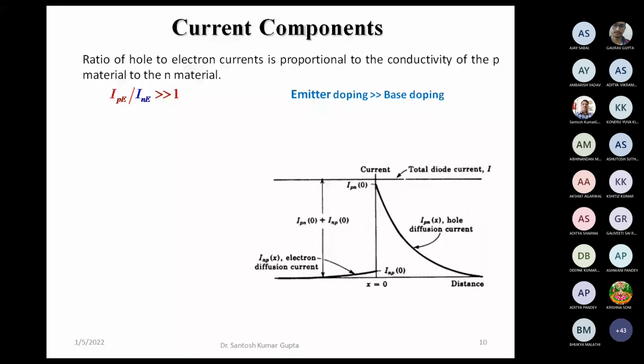So let us look at the current components, which we have already tried to discuss in part. The emitter doping is quite large compared to the base doping.